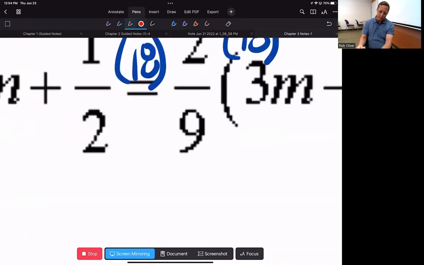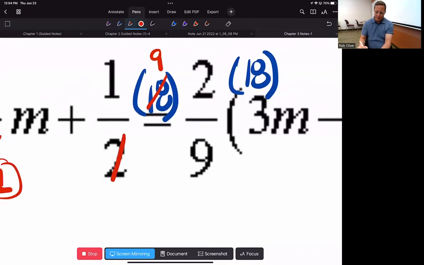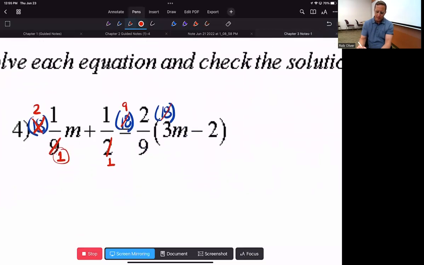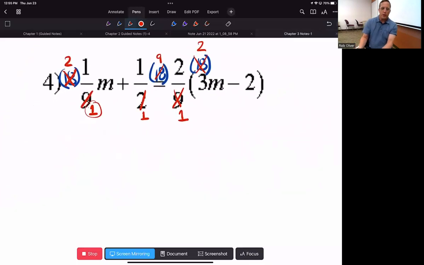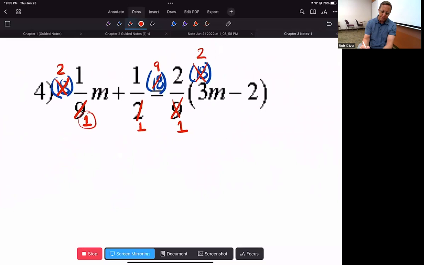All right, this next one here, we're going to do 18 divided by 2. That's going to be 9, and this is going to be a 1. There you go. 18 divided by 9 is going to be 2, and this turns into a 1. And now, as of right now, it looks like all the fractions have been cleared. So now we can just multiply.